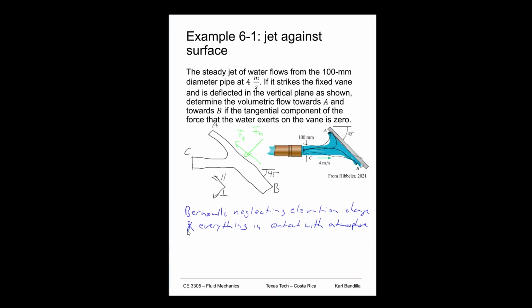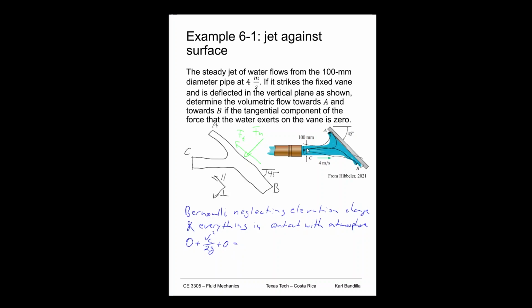So if we then write our Bernoulli equation, right, then we know that the first pressure term is going to be 0 because we're at atmospheric pressure. We know what VA is, or in this case, VC. I got my stuff mixed up here. So VC squared over 2G. Right? And then my elevation term is going to be 0.